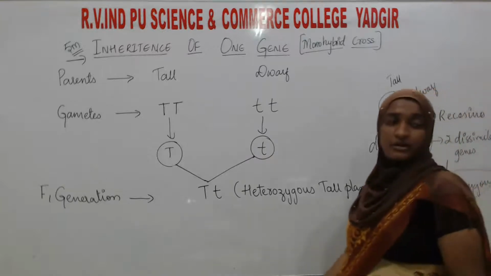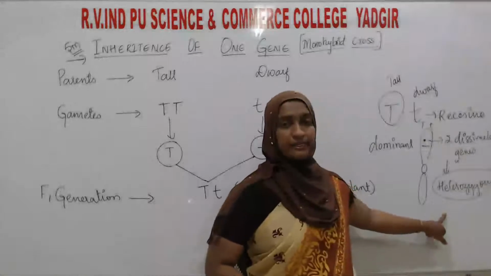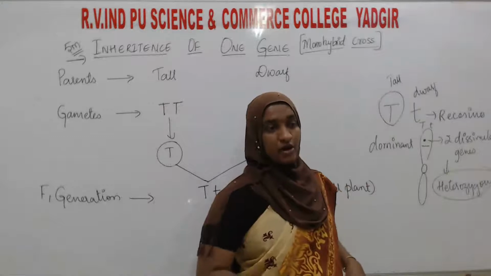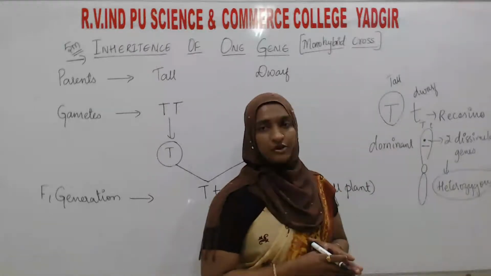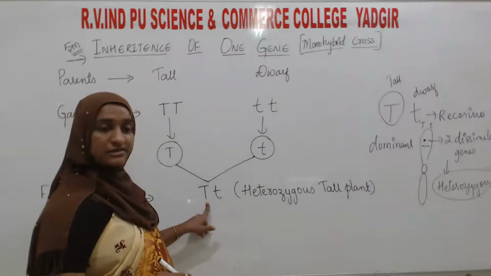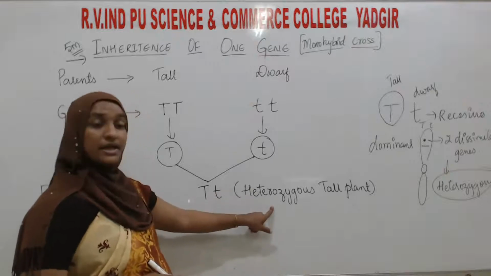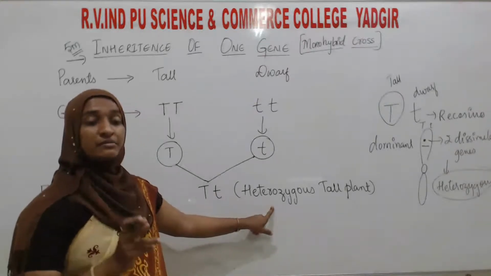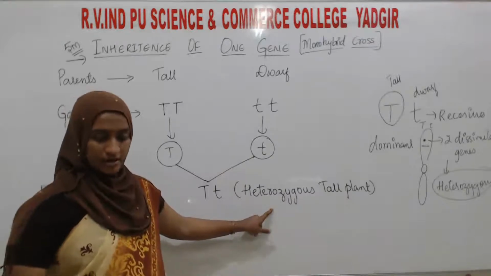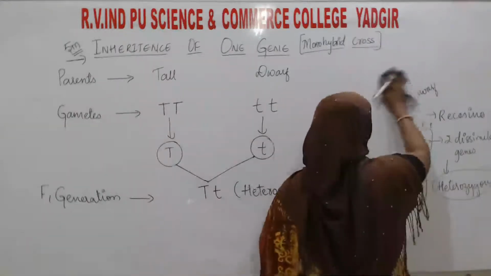If we see the character, that is tall, dominant. In between these two, which is the dominant? That is the capital T. What is the condition here? That it is heterozygous. Two dissimilar genes are present on the homologous chromosome. Okay, so this is about the F1 generation.